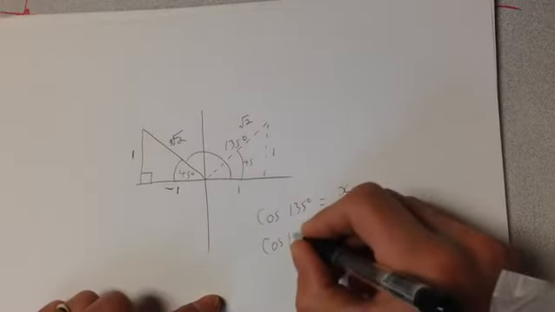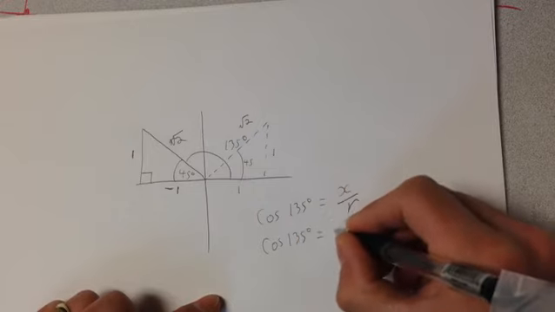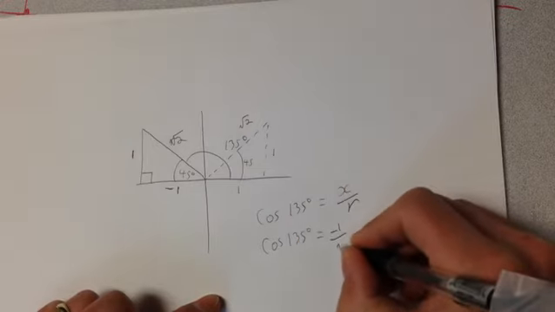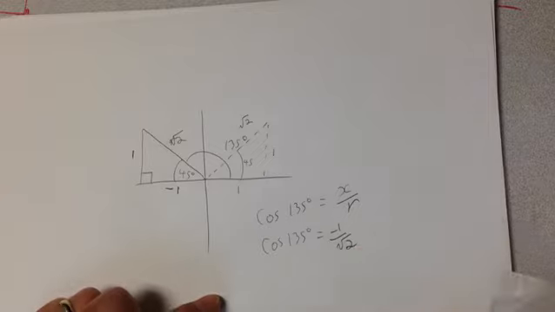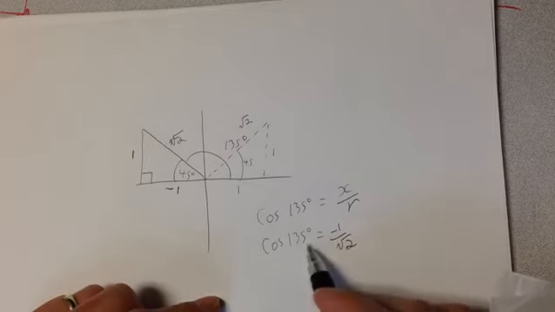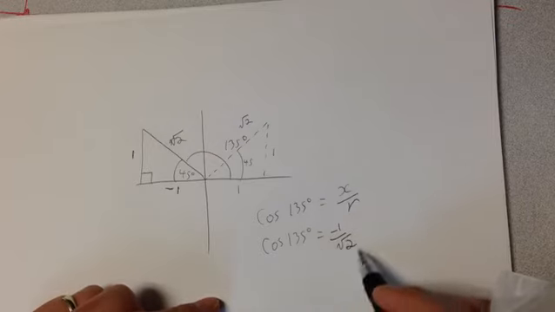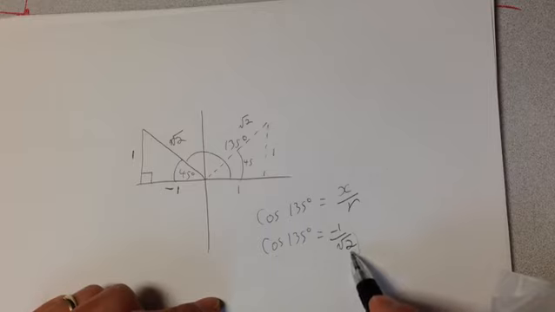That makes the cosine of 135 degrees negative 1 over root 2. You can verify this for yourself with your calculator. Find the cosine of 135 degrees, take negative 1 and divide it by root 2, and you should see that you end up with the same number.